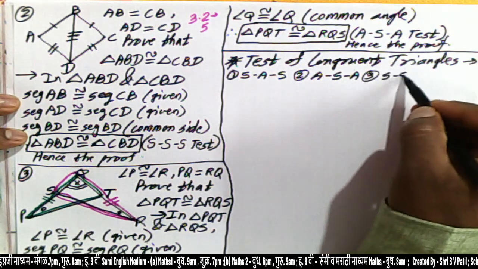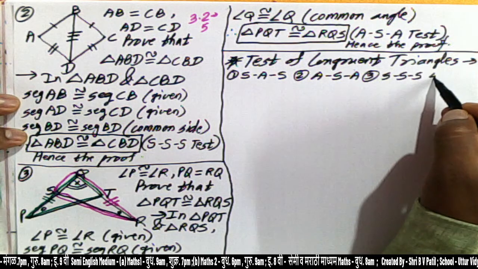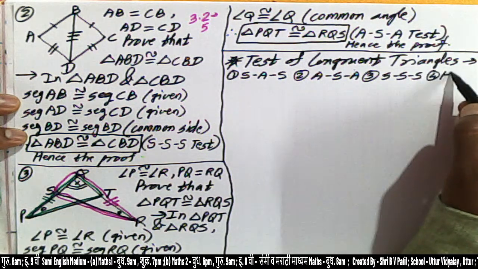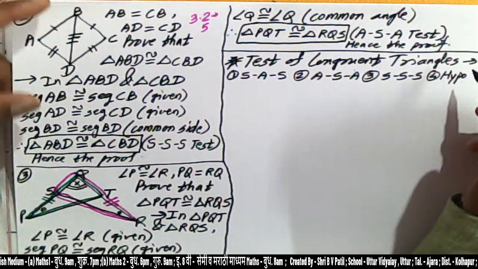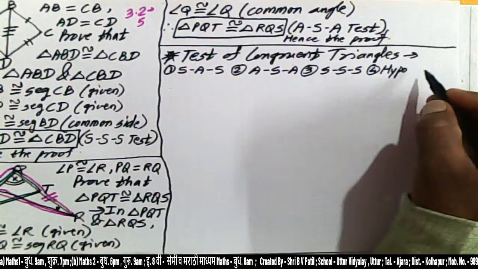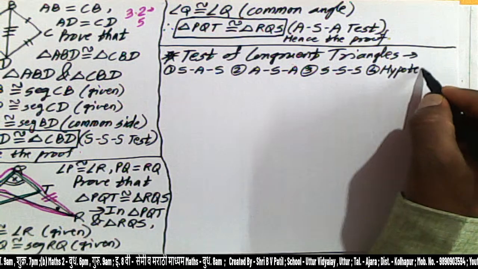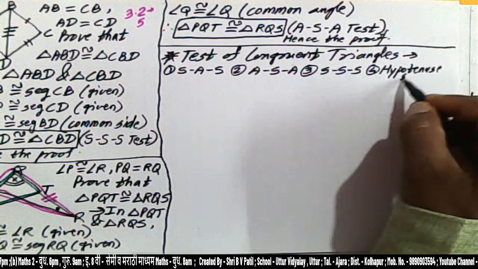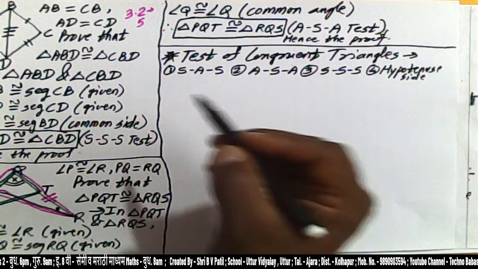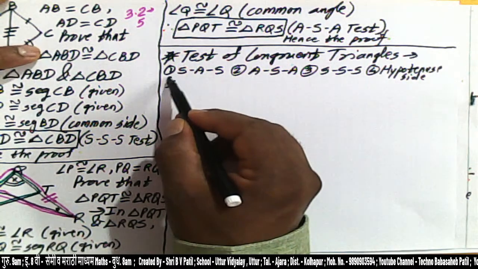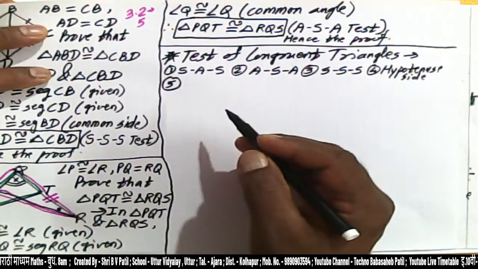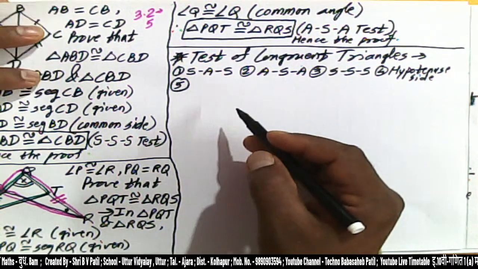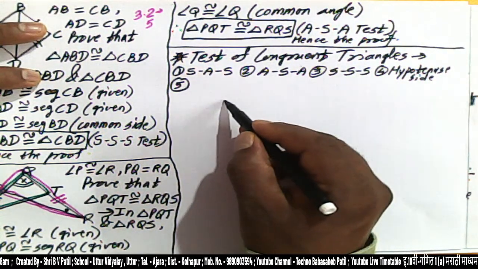Third is the side side side test. Fourth is the hypotenuse side test. And today we discuss another test.